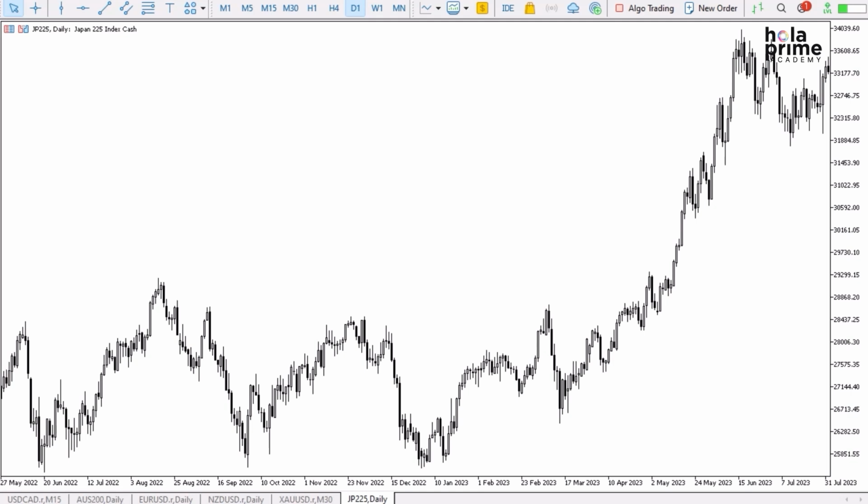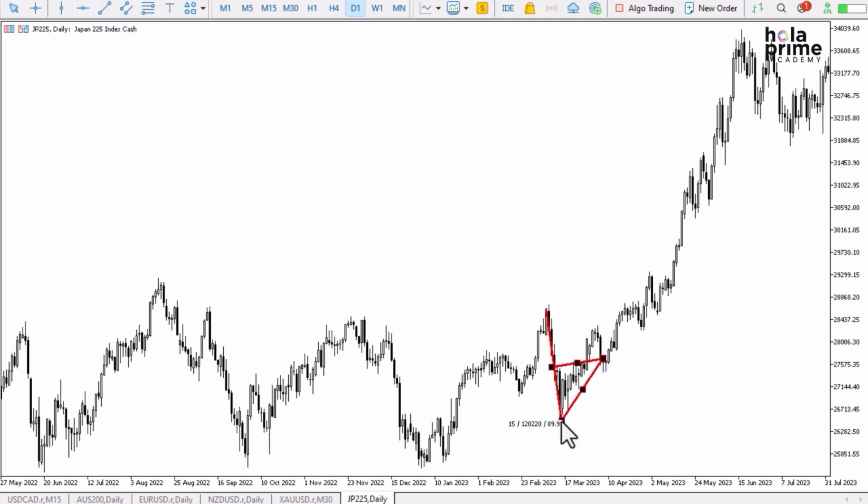That makes this example in the Nikkei 225 quite interesting. There was a bearish pennant formed in March of 2023. And you can see that it never broke to the downside.